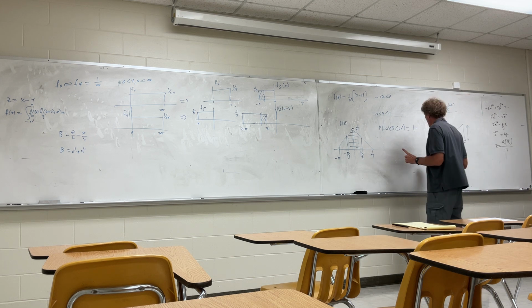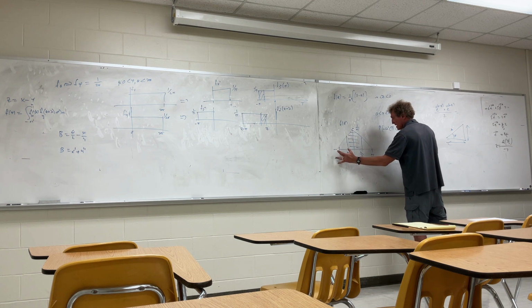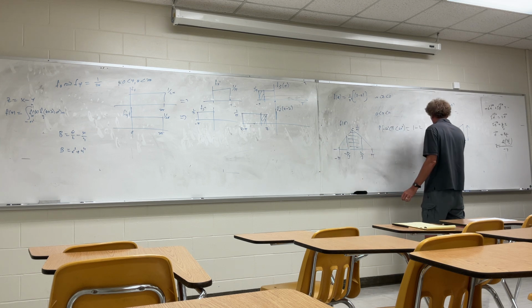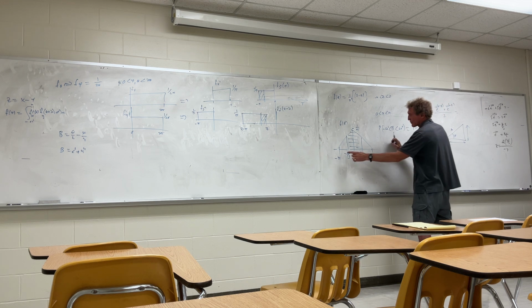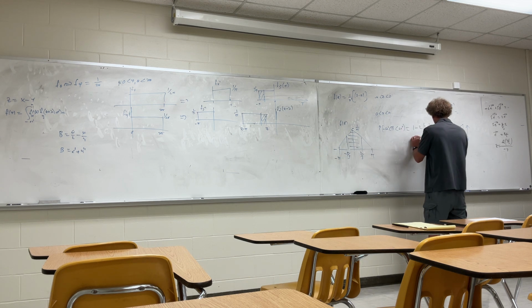So if I take 1 minus, and it would be 2 times the area right here. Well, that has a width of 2/3 pi. And the rise on this is going to be 2/3 pi too, because the slope is 1. Or I'm sorry, over pi. So it's really going to be times 2/3 over pi.